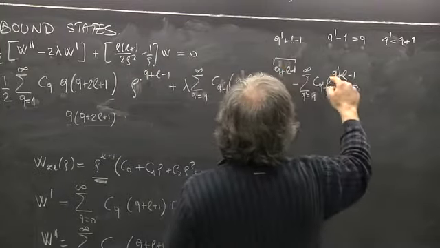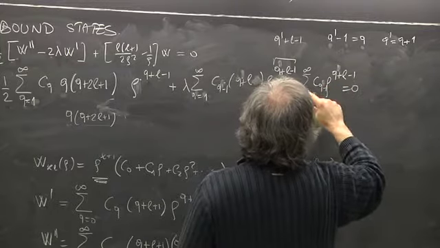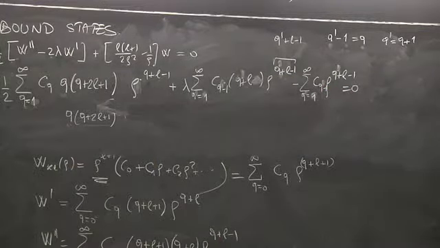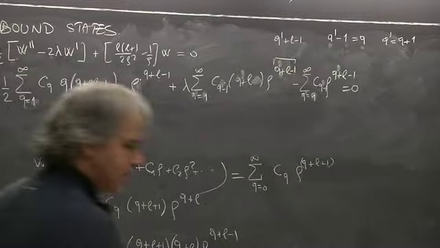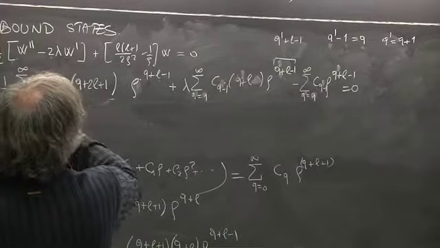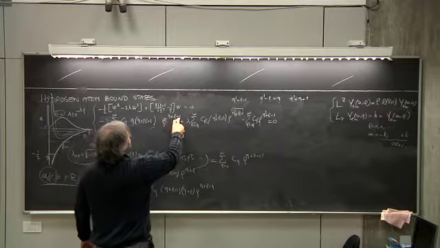I introduced it to make the change of variable clearer, but strictly speaking it's a dummy name, so I can just relabel it Q. Now, you see immediately what the solution is. Everything has a sum over the same indices, same powers.